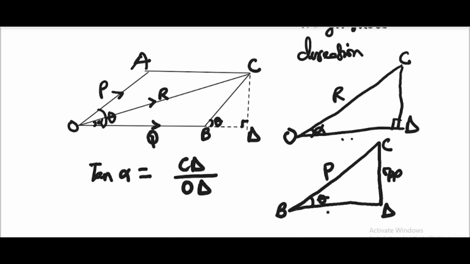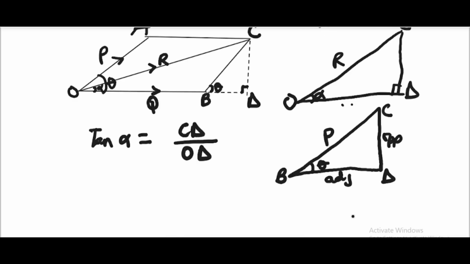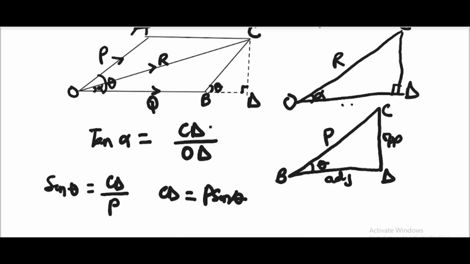Adjacent. So if I want to find CD, since it is opposite, I will have sine theta equal to CD over P. Since I'm looking for CD, if I cross multiply, I have CD equal to P sine theta. So that's how I get my CD to be P sine theta.